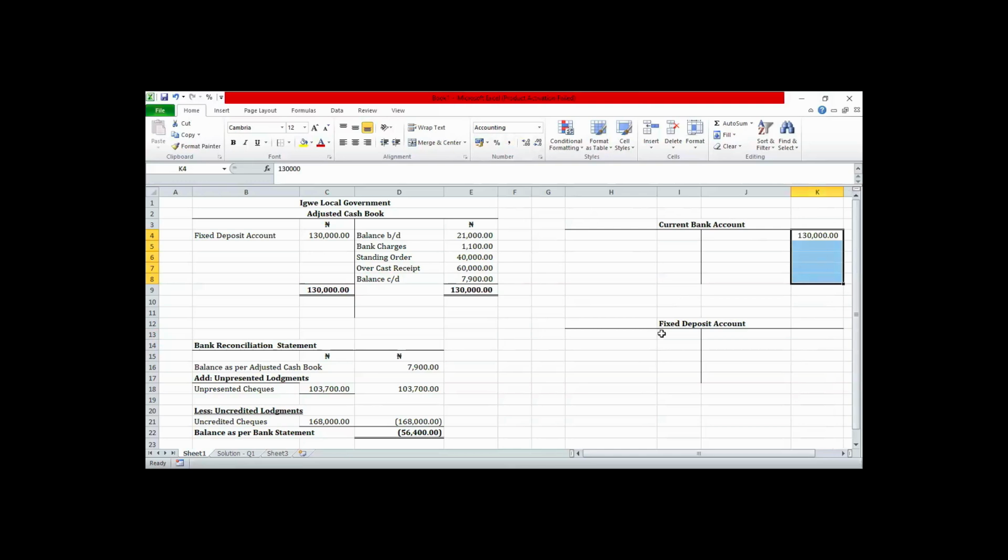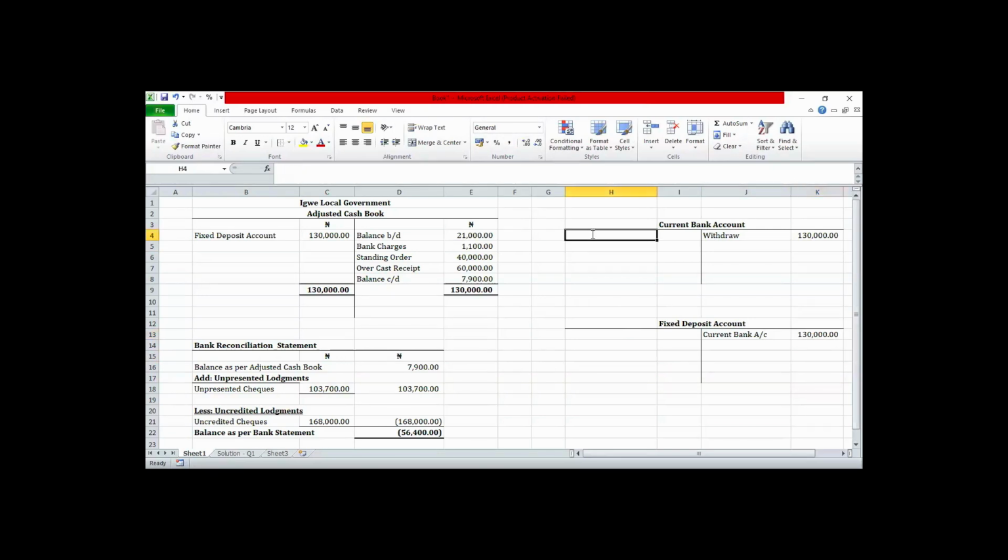We now meant to correct it. This fixed deposit account, we come here and put current account here. This is the correction I'm doing. Current bank account. This is the mistake they made. They withdraw money from here. That's the mistake. Now, when we are doing the correction, that money where it went out, we move it out from there. We now come here.